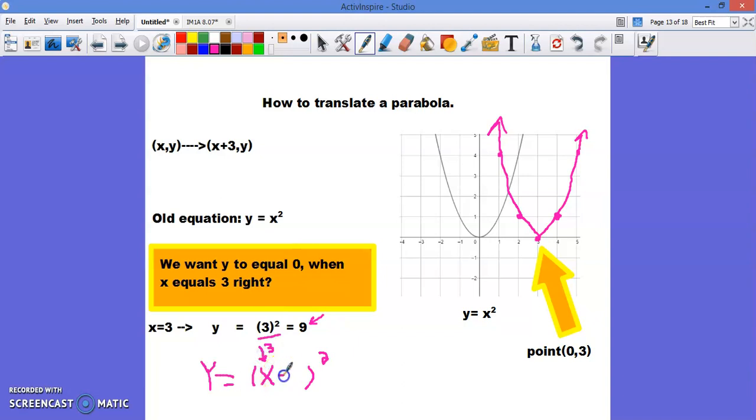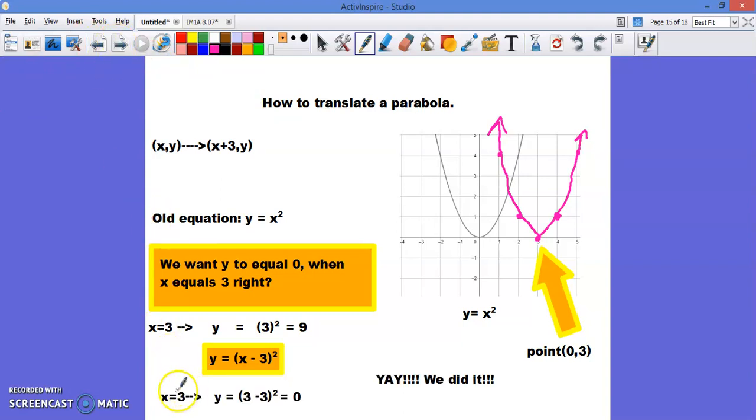Well, I can subtract 3 from it. That's right. So that way, when x equals 3, like it does in our curve here, we'll have 3 minus 3 equals 0. And 0 squared will be 0. So y will equal 0. So that gives us the equation y equals, in parentheses, x minus 3 squared for our new equation.